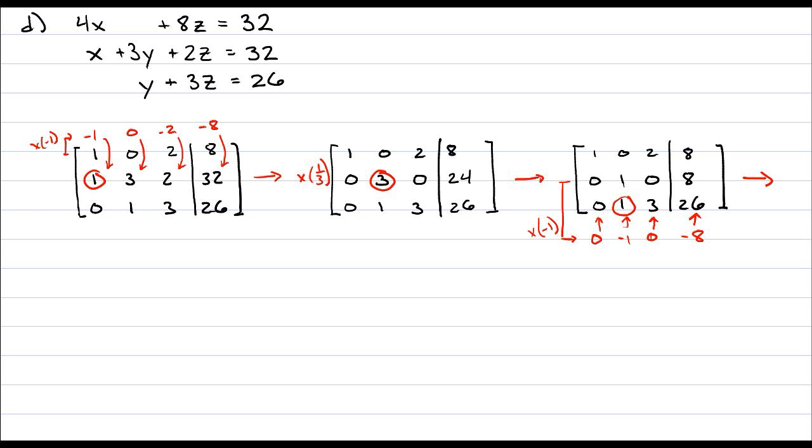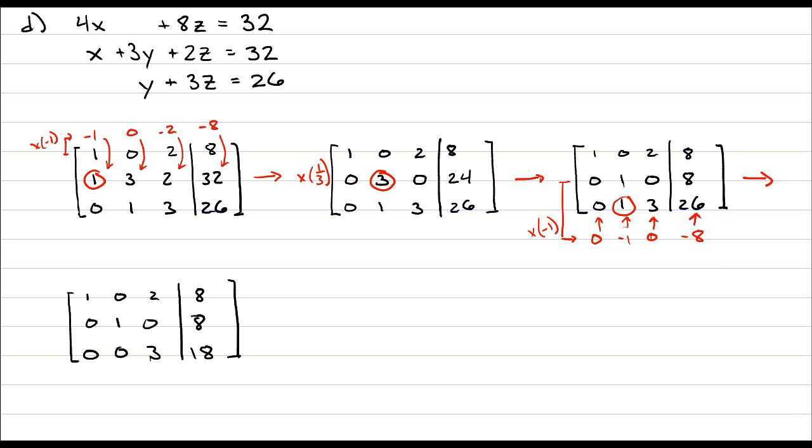And that's going to give me this matrix. That 1 became a 0. So I get 0, 0, 3, 26 minus 8 is 18.